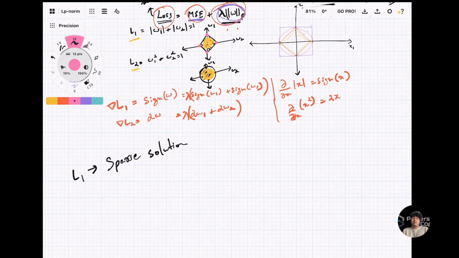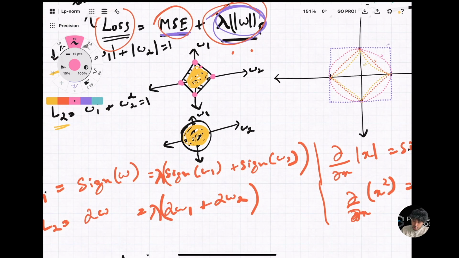Random statistics and probability says that it is much more likely for your loss function to choose one of these 4 points instead of one of the points on the line, right? With a circle, all the points are equally probable. So your loss function might come here or here or here or here, or any of these points. Any point, all points are equally likely.